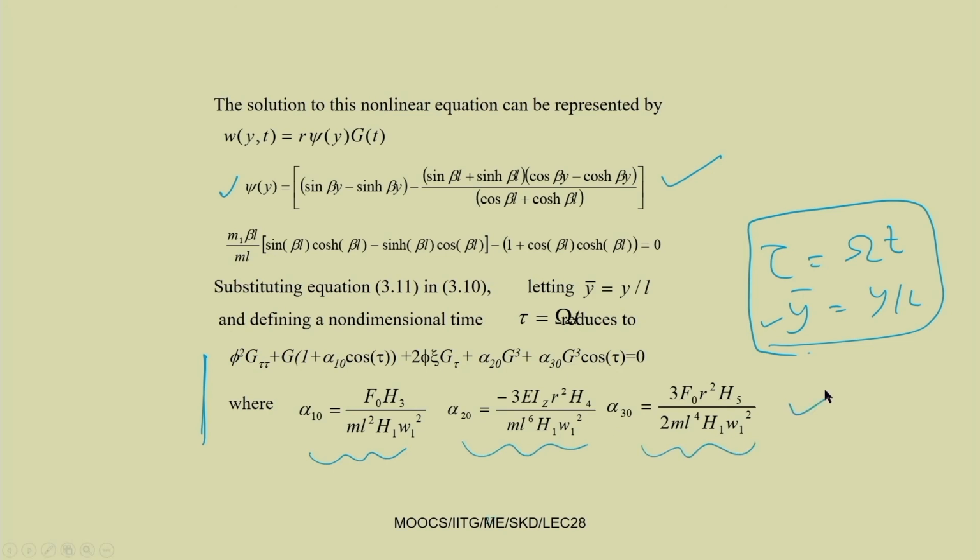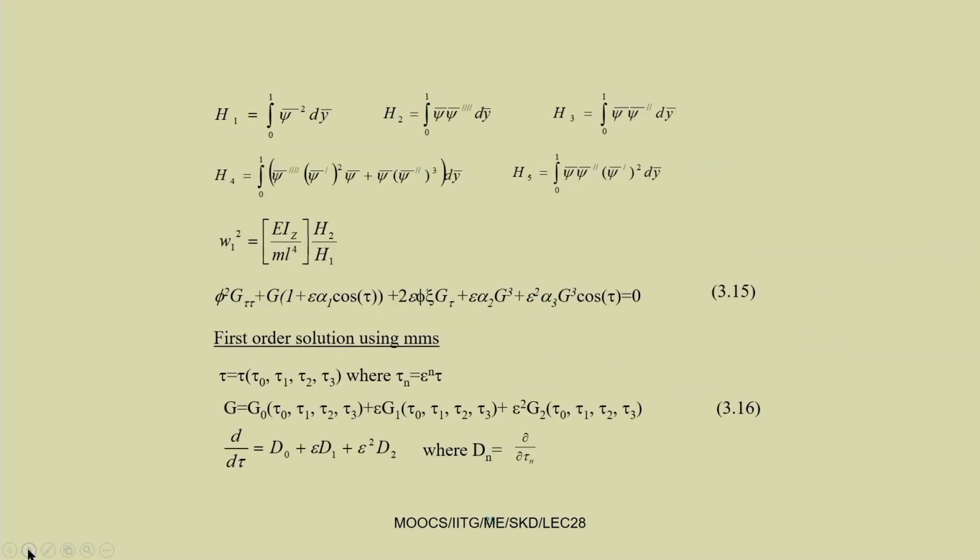This way you can derive the equation of motion in case of a beam using the energy method. Previously I told you how you can use Newton's method to derive the equation of motion. Here I told how you can use the energy method. In the energy method, first you find the potential energy, kinetic energy, then the Lagrangian of the system. Either you use Lagrange's principle or Hamilton's principle to derive the equation of motion.